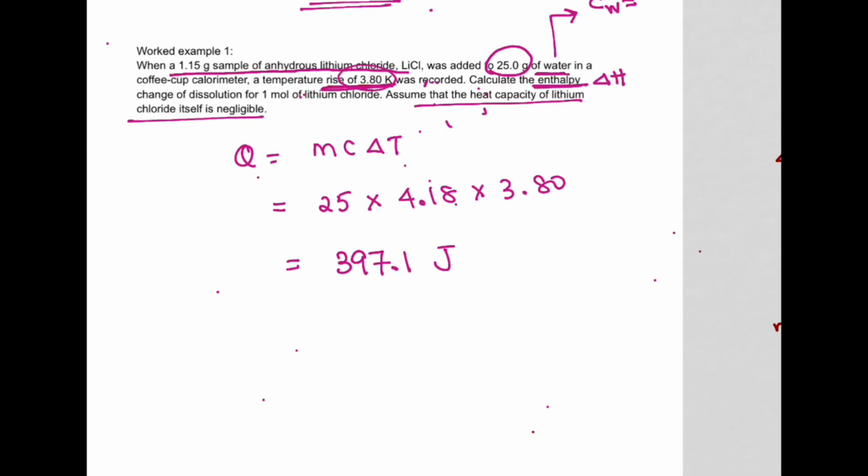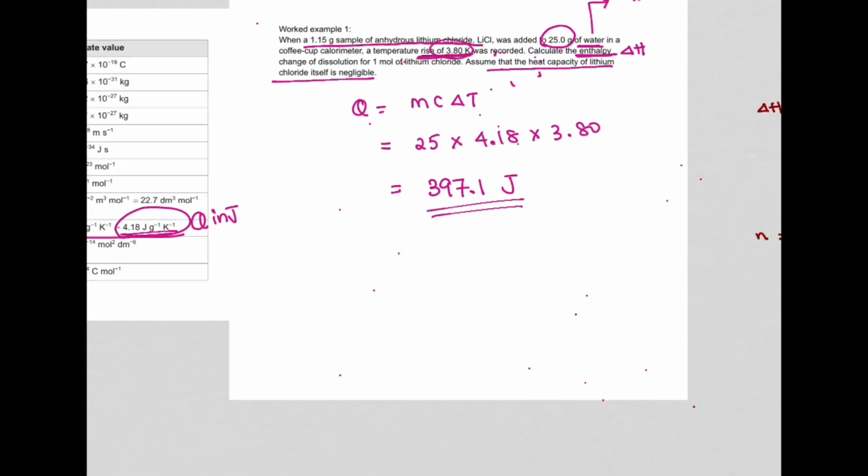So Q is equal to mc delta T. Mass is 25 grams, C is 4.18, and delta T is here, 3.8. So I get my Q in joules here.